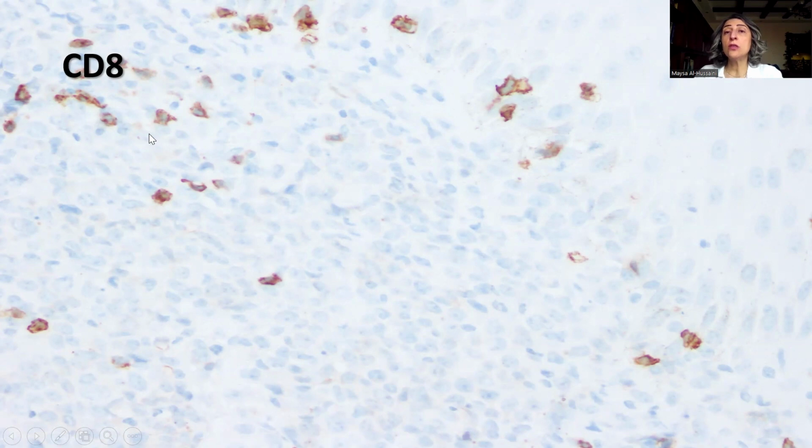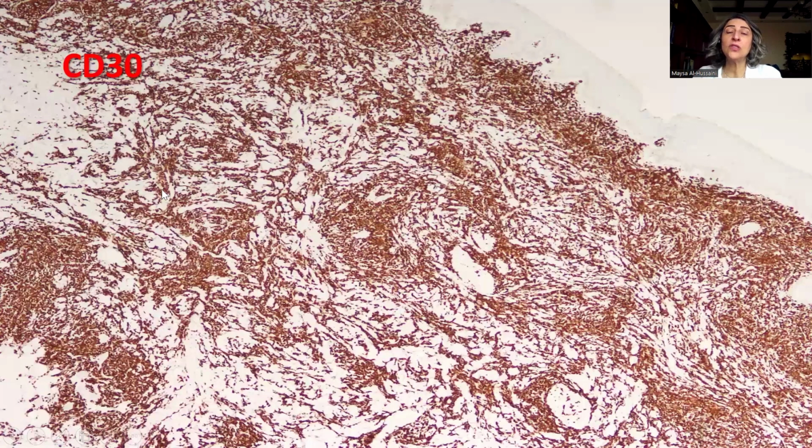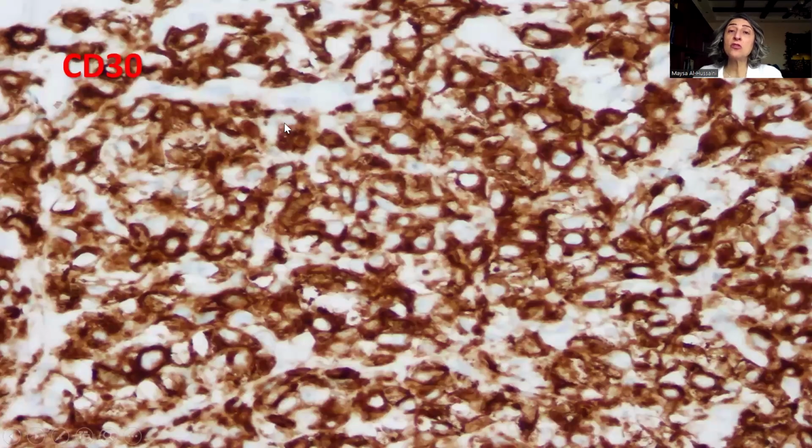So far, this is a CD43 positive, CD5 positive, CD4 positive tumorous infiltrate, and CD30 shows strong diffuse positivity of almost every single cell present in the infiltrate, and this should be extremely supportive in narrowing, I have to say at this stage, the differential diagnosis.